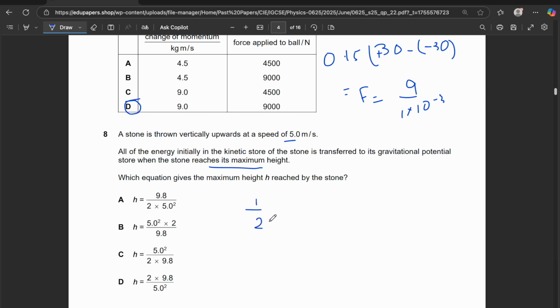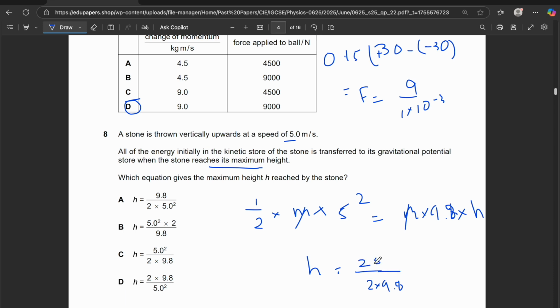So the original kinetic energy will be 1/2 mv². It doesn't give the mass, but we don't really need the mass. 1/2 × mass × velocity squared will be equal to mgh, and g is 9.8. Mass cancels out, so h will be equal to v² divided by 2 × 9.8.